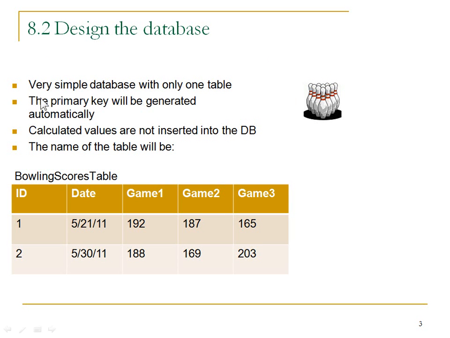So we're going to make a very simple database with one table, and this is kind of what it looks like. Each record in the database must have a primary key so that we can identify it as a unique record. And we'll ask the database to generate those for us. As we add a record to the database, a set of bowling scores with a date, the database will generate a unique integer number that hasn't been used before, and that's automatic.